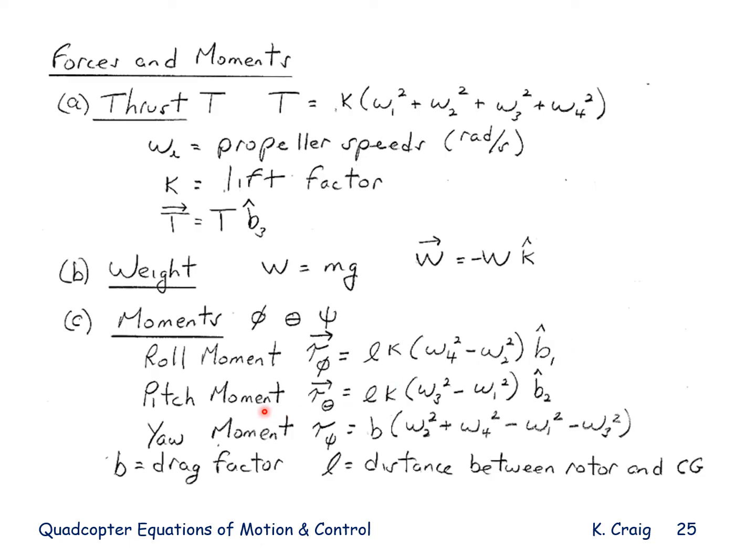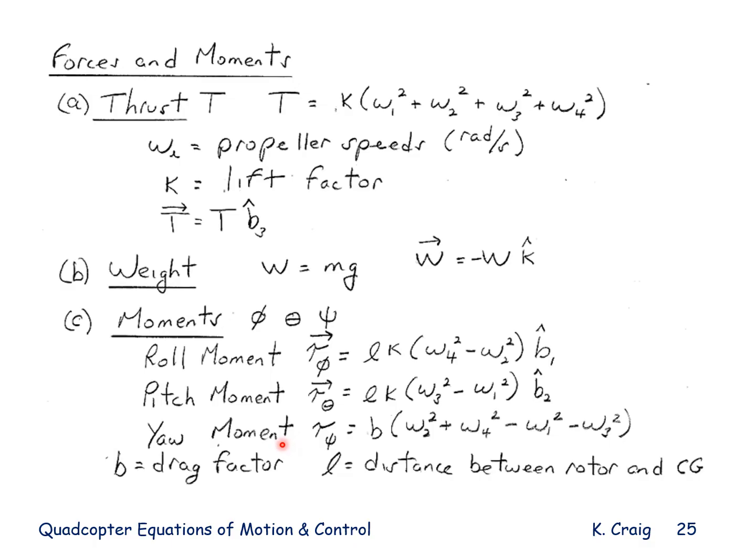The pitch moment, tau sub theta, the vector, is equal to L, the distance between the rotor and the CG, times the lift factor, times the difference between the squares of the speeds of motor 3 and motor 1. And the unit vector is in the B2 hat direction, which is part of the body fixed reference frame.